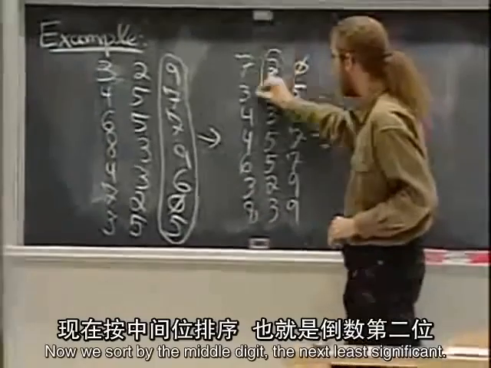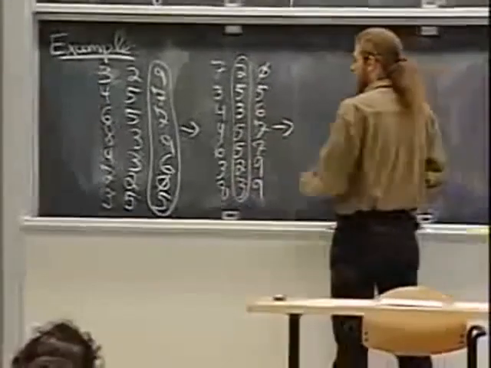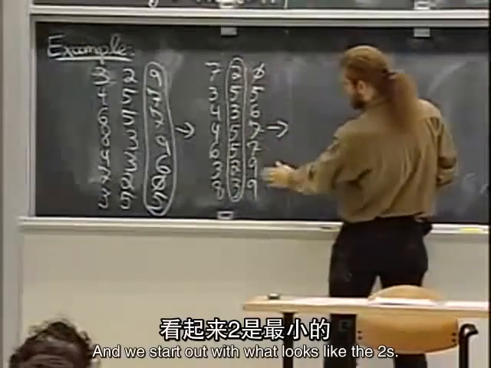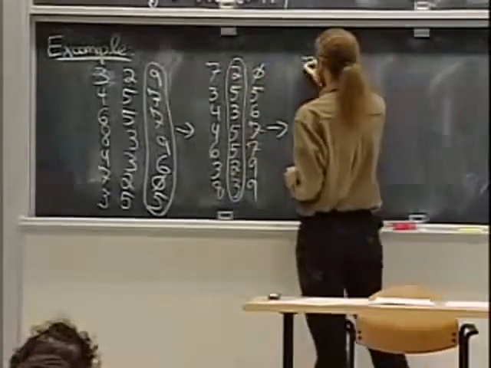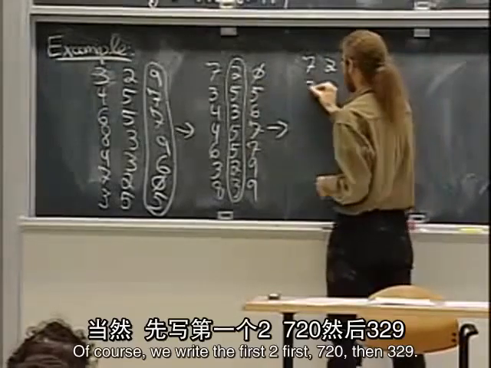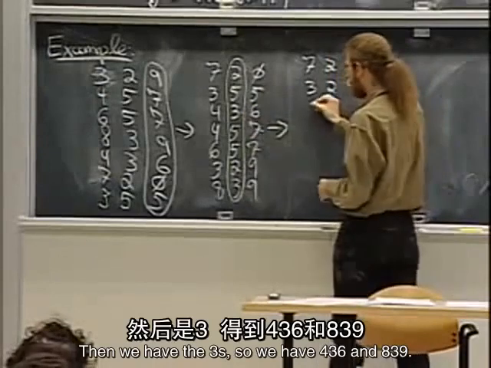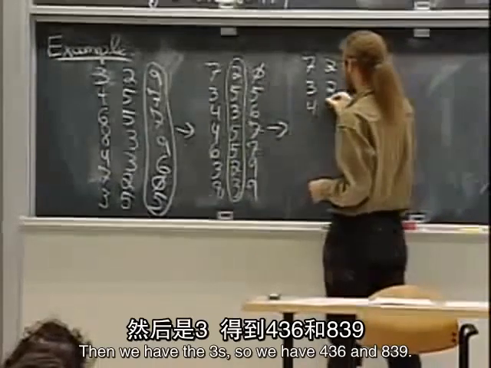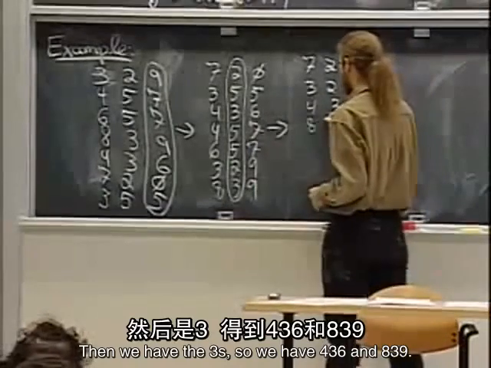Now we sort by the middle digit, the next least significant. And we start out with, looks like the 2s. There's a 2 up here and a 2 down here. So, of course, we write the first 2 first. Then 329. Then we have the 3s. So we have 436 and 839.